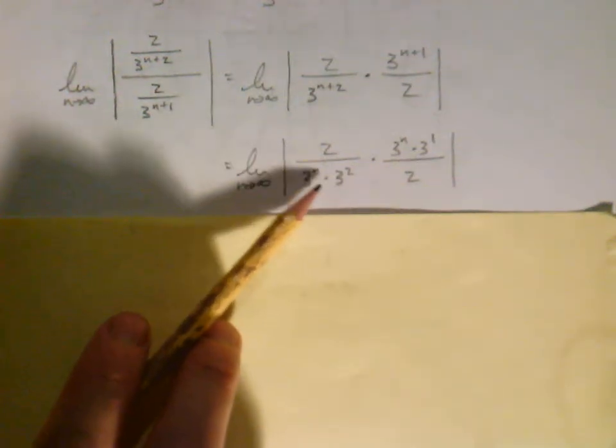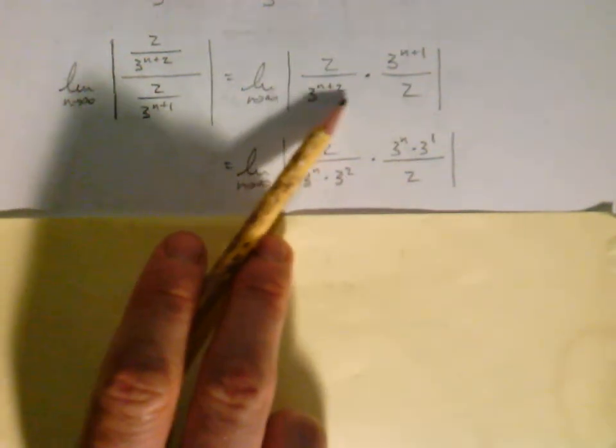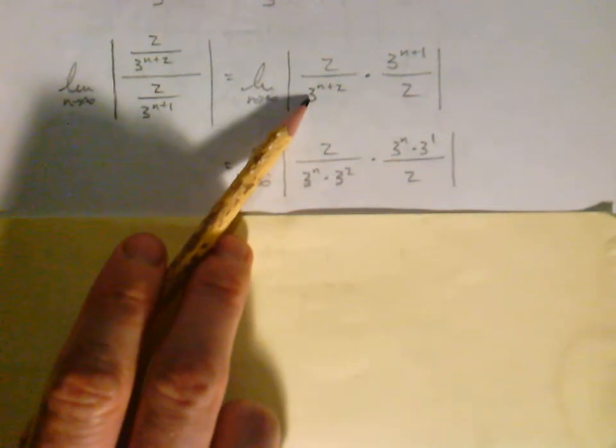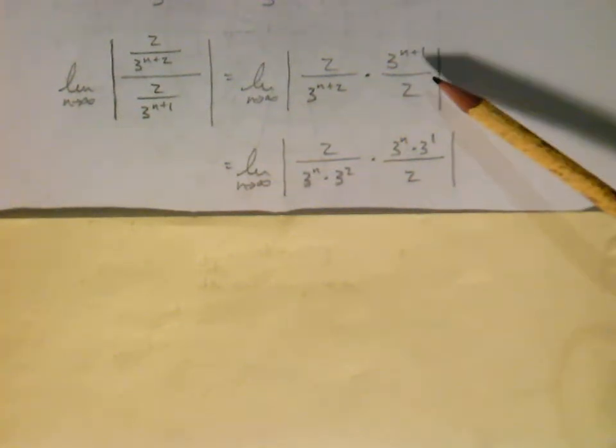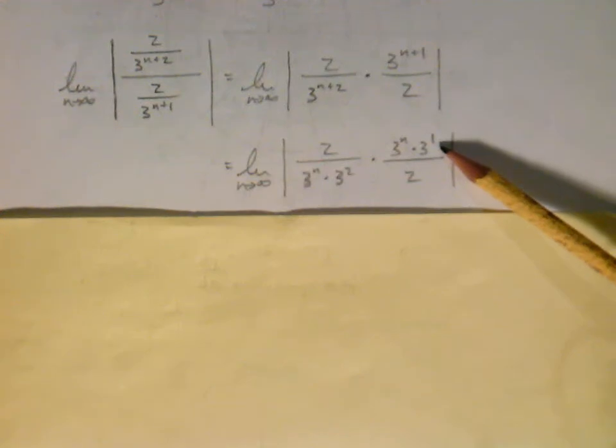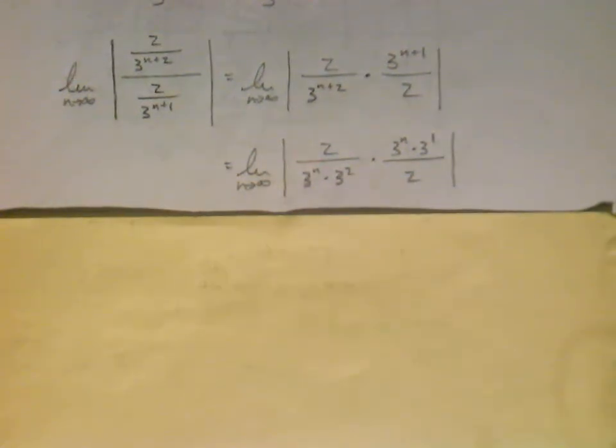If we have the same base when we multiply, we add exponents. Well, why not work backwards? 3 to the n plus 2 is 3 to the n times 3 squared. And I'll do the same thing over here. 3 to the n plus 1 is 3 to the n times 3 to the first.